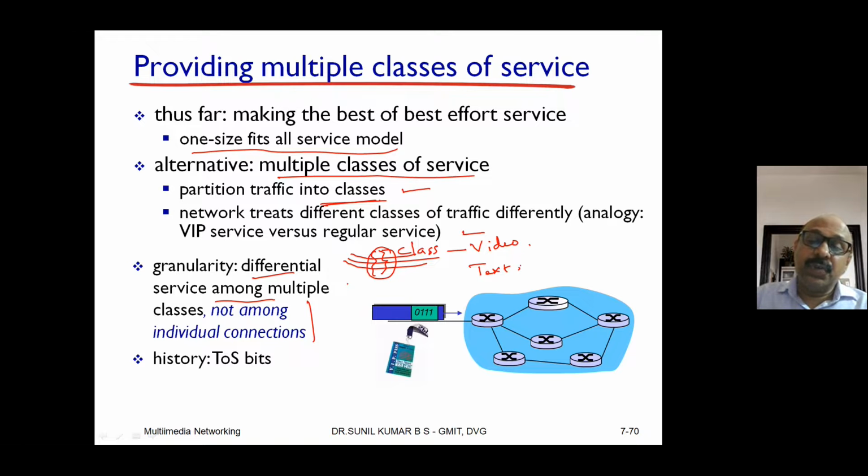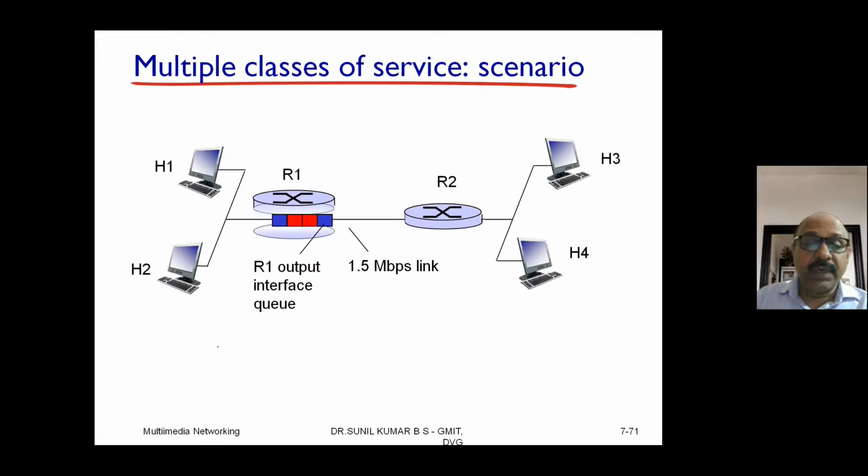These two can be identified as different classes: class 1, class 2. The service to class 1 is different and the service to class 2 is different, and hence it is said to apply not among individual connections, but among classes. All these are called types of services, and we'll discuss that.